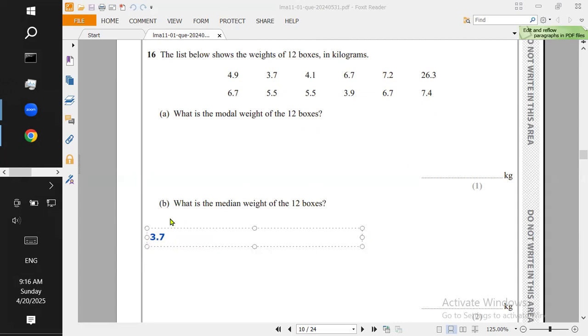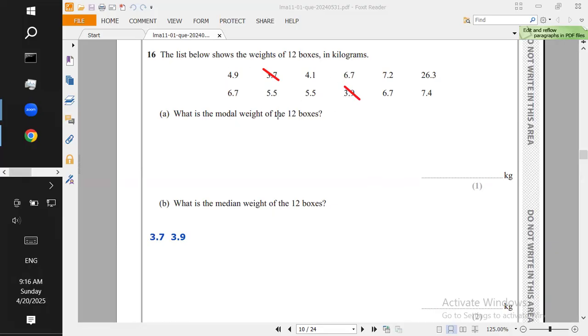We can put commas between them, or just space. After 3.7, we have 3.9. Good. As we said, each time you take a number, you have to take it out so you don't use it again. So we have 3.7, 3.9.